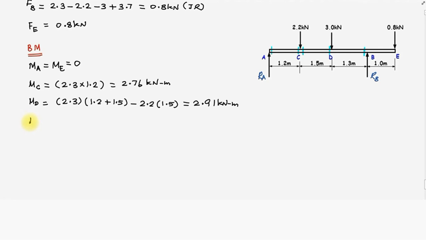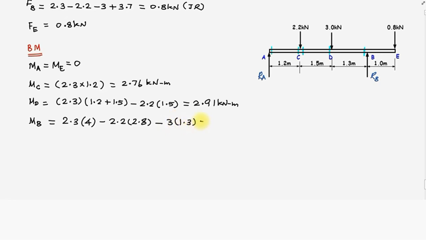Now coming to the point B. That is, the bending moment at the point B, MB, is equal to 2.3 kilonewtons multiplied with this 1.2 meters plus 1.5 meters plus 1.3 meters, that is 4 meters, minus 2.2 kilonewtons multiplied with 1.5 plus 1.3, 2.8 meters, minus 3 kilonewtons multiplied with 1.3 meters.